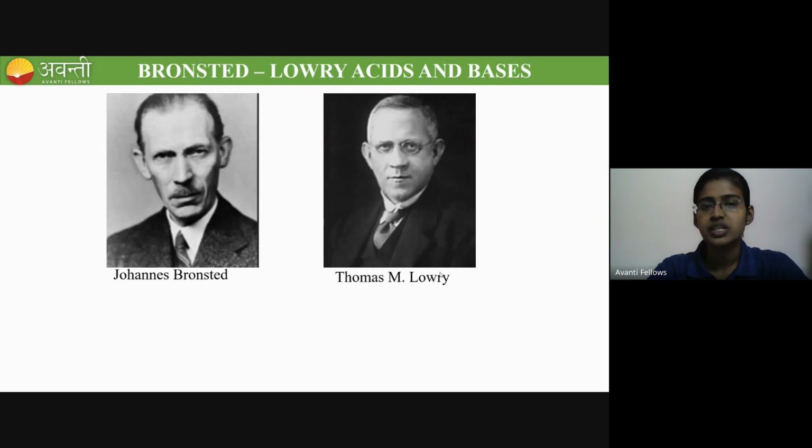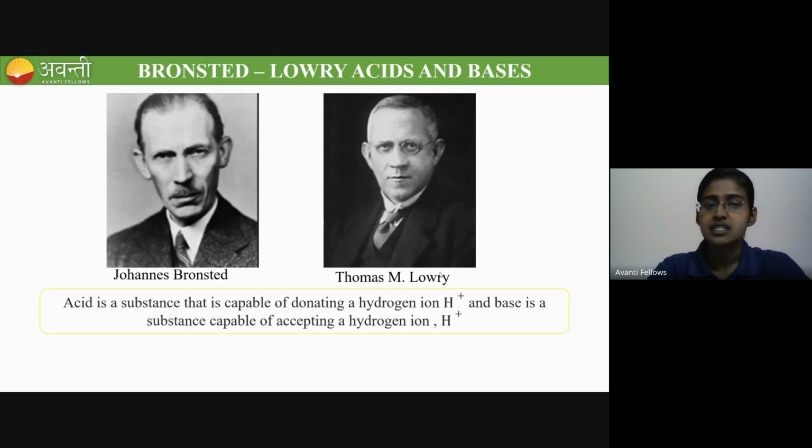These two scientists said that an acid is a substance that is capable of donating a hydrogen ion. A base is a substance that is capable of accepting a hydrogen ion. So here they did not involve OH minus at all. They are giving the definition in terms of H plus itself. So H plus donors are called acids and H plus acceptors are called bases.